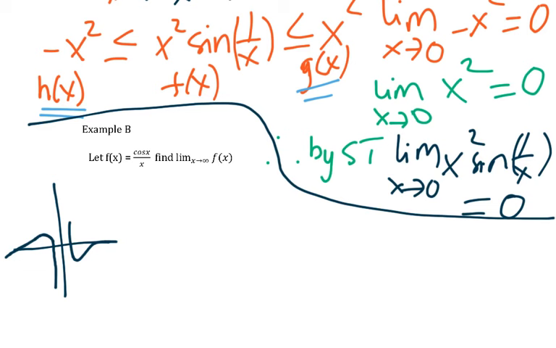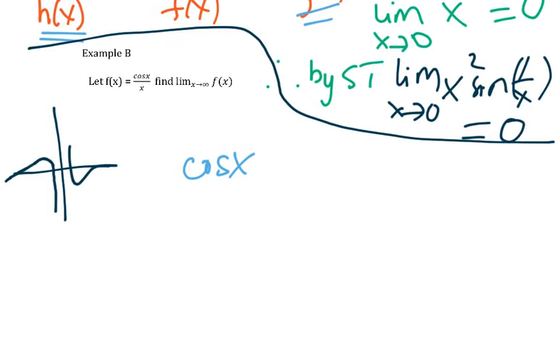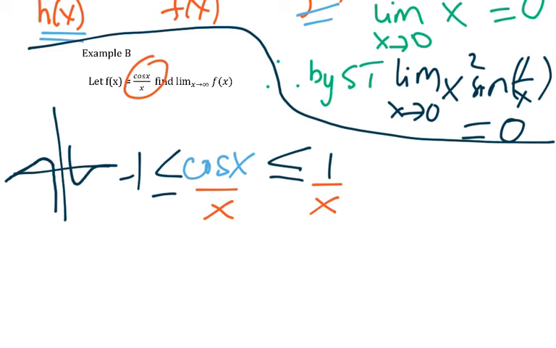So think of the cosine function. The range for cosine goes from negative 1 to 1. We're not going to have any values higher than that. For this one, it's divided by x, because that's what we have, so we do the same thing for the outside functions. Now this is h of x, this is f of x, this is g of x.